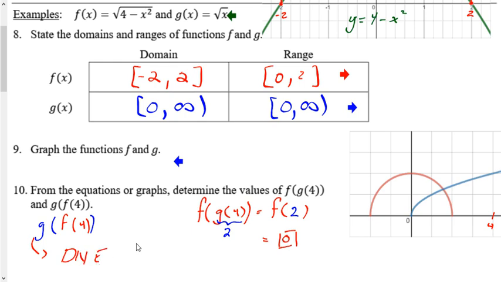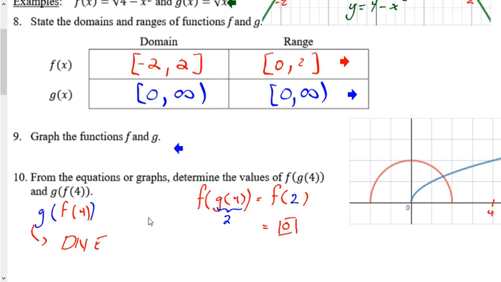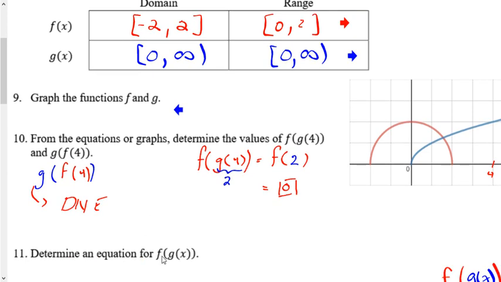We could have attempted this algebraically as well, and maybe we should do that for this one just to see what would happen. So, well, here we're going to find f of g of x. Well, we're not going to do f of g of 4. So let's look at what we had there for our f of x function.